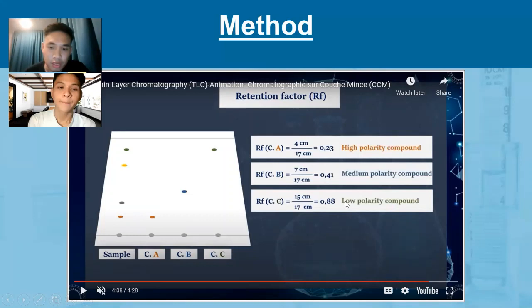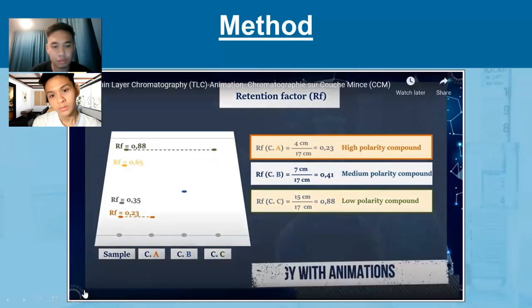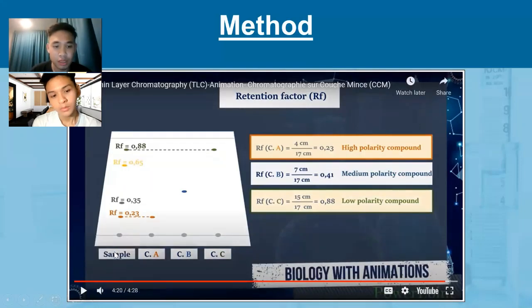Compound C is a low polarity compound, which means that we know the mobile phase is non-polar.